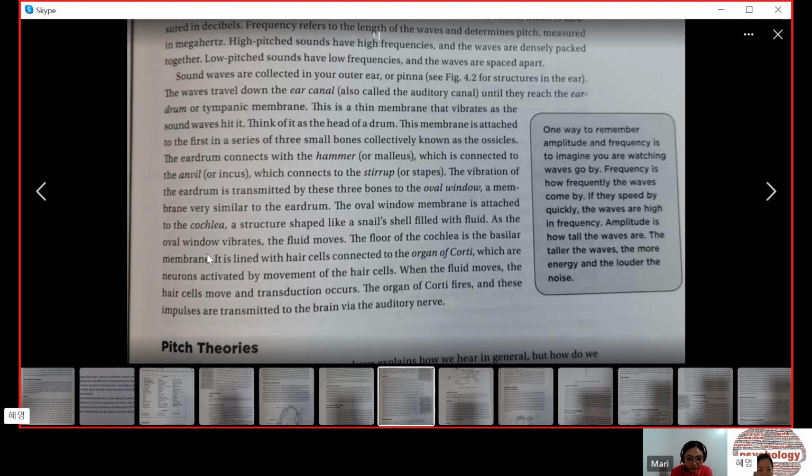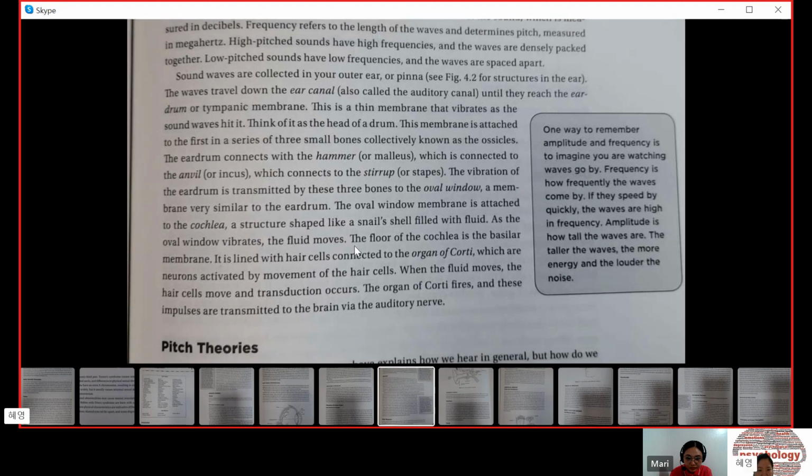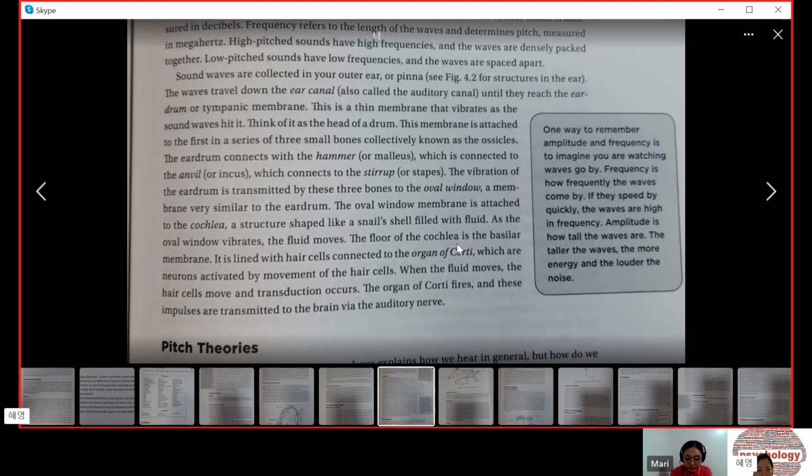As the oval window vibrates, the fluid moves. The floor of the cochlea is the basilar membrane. It's lined with hair cells connected to the organ of Corti, which are neurons activated by movement of their hair cells.